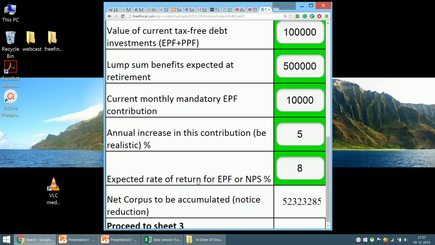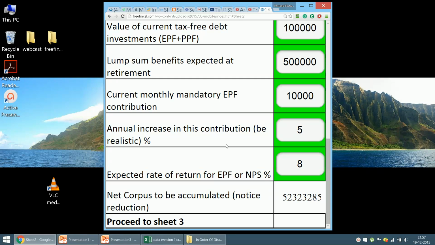Now, what is the expected rate of return for EPF or NPS? Well, set that as 8%. I think that's all right. Now, if you take these current holdings and project them to future holdings at the time you retire, the retirement corpus will reduce, and it is now reduced to 5 crores 23 lakhs 23,000, etc. So it's about 5.2 crores.